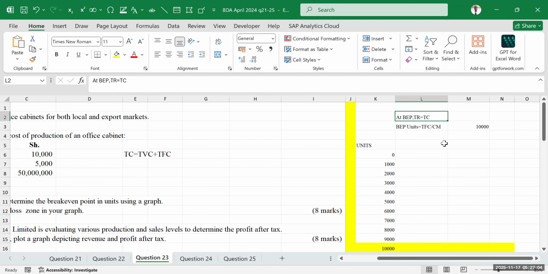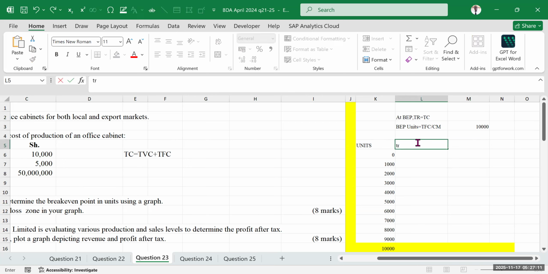You are not making a profit, you're not making a loss. So let's bring on board our revenue. Remember, where these two graphs intersect, that should be the break-even point. And at that point, it should be at point 0. No profit, no loss. Now, total revenue, we bring there.